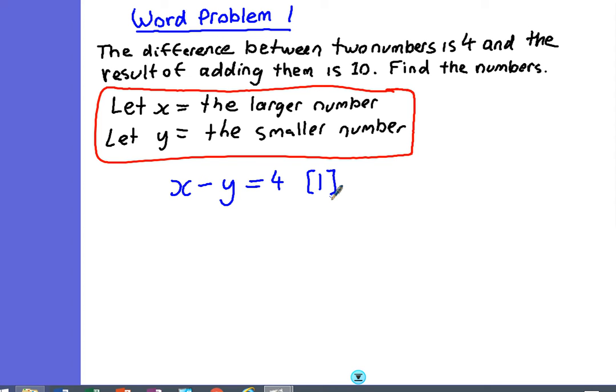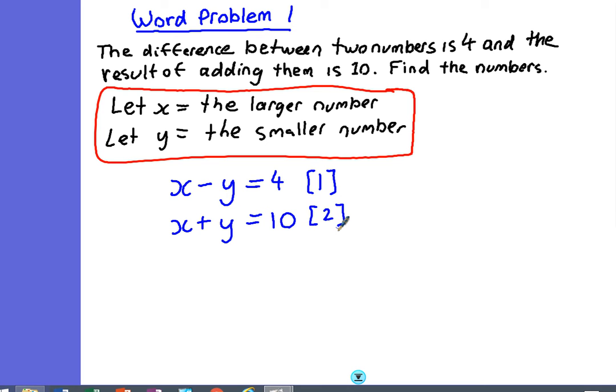The second thing we're told is that adding the two numbers gives us 10. So hopefully it's not too hard for you to see that x plus y is 10 is our second equation. So that's really good. Now we have our two simultaneous equations.